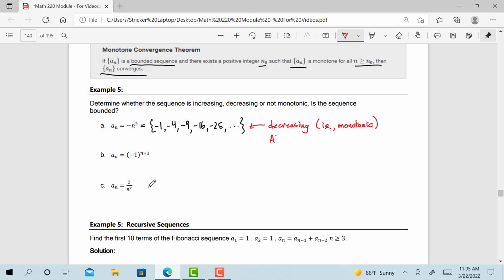So we could say if f of n is equal to -n squared, then f prime of n is -2n, which is always going to be less than 0. Right? At least when n is positive integers like we have with a sequence. So we could say it's always going to be less than 0 for all positive integers n.